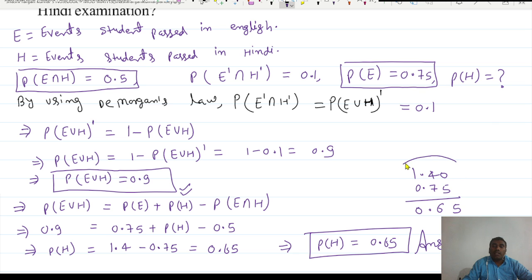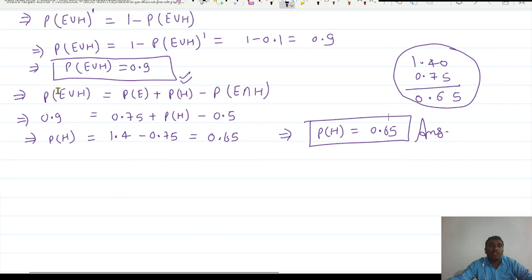Hopefully you get the concept of this question. How do we do it? Very simple. We first find E union H, then use the formula of E union H, that is P(E) plus P(H) minus P(E intersection H). In all the values, only P(H) we have to find out.